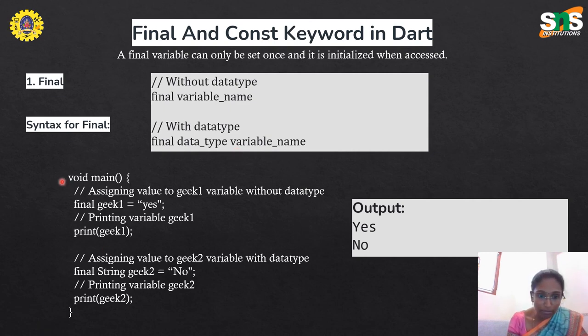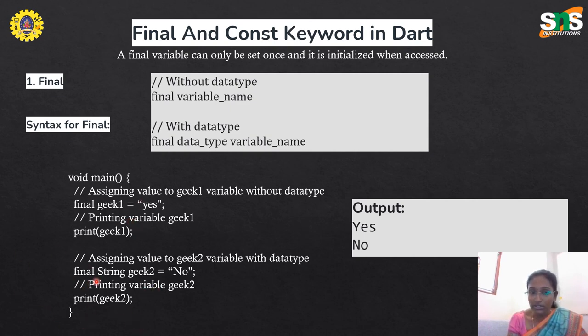Here I'll give both examples over here. Final g1 is my variable, final variable name. At the same time, I will assign the data type. Final string is my data type, g2 is my variable name. I'll give both ones. Okay, both ones I'll print.